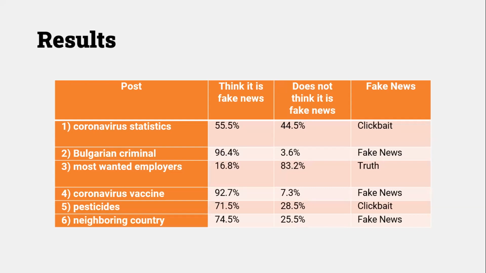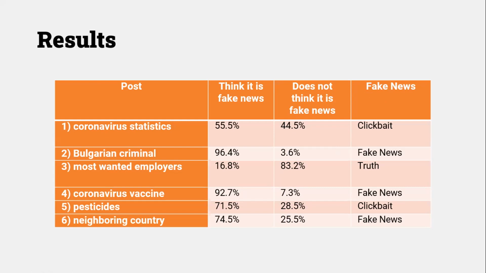The first screenshots contained various topics shown here. And this first column is the percentage of people who think it is fake news, the percentage of people who do not think it is fake news, and whether it is fake news, determined by different methods, several independent sources.